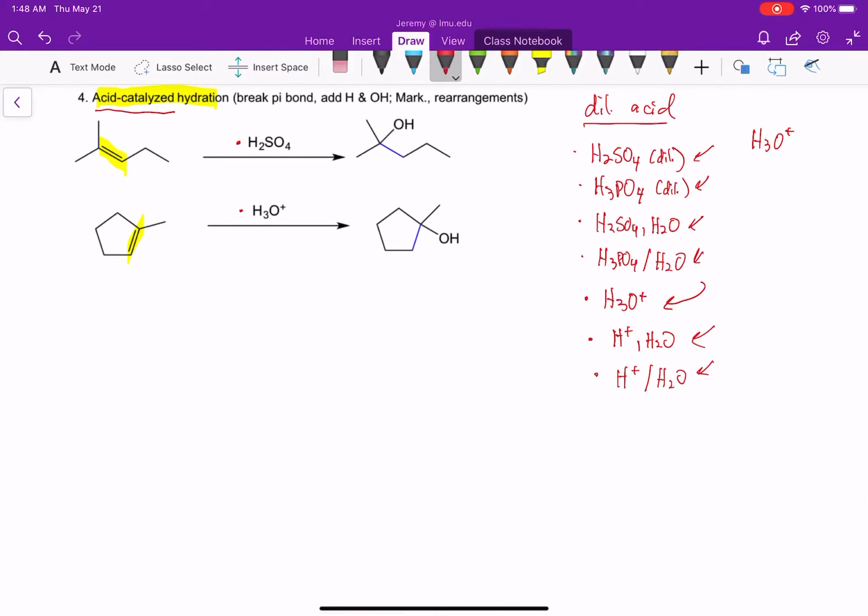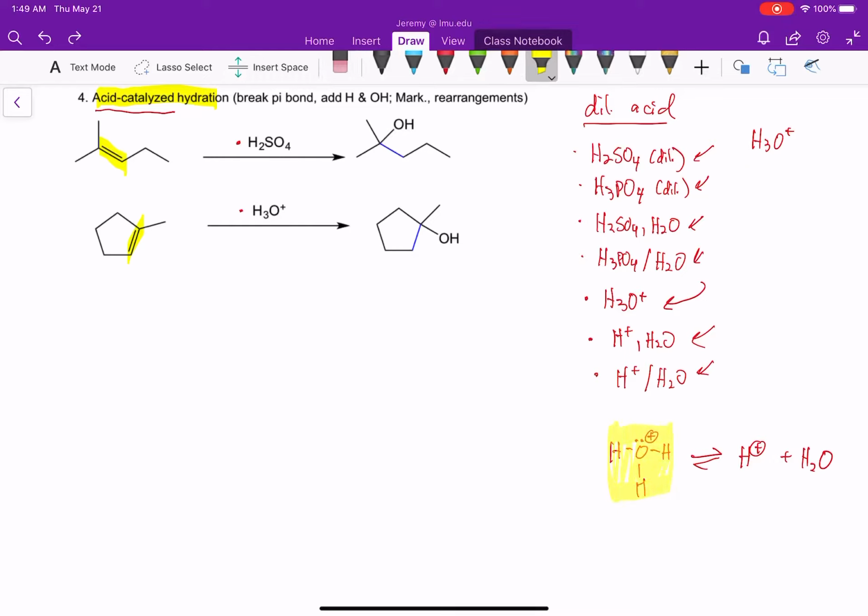Here's the structure of H3O+. You can think of this as being in equilibrium with an H+ and a water molecule. Not a 3, a 2, and a water molecule. H3O+ is generally the species that we have in solution.